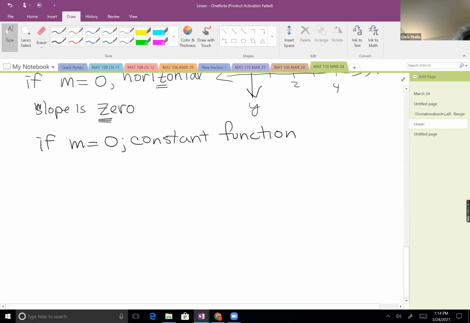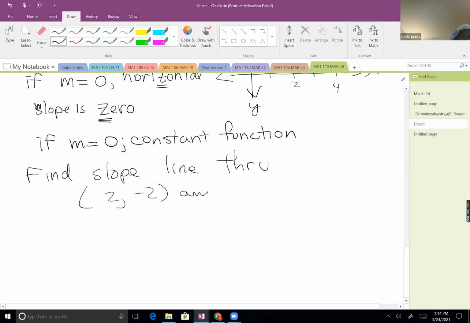And one more practice with slope. Let's find the slope of the line through the points 2, -2, and 2, 3.